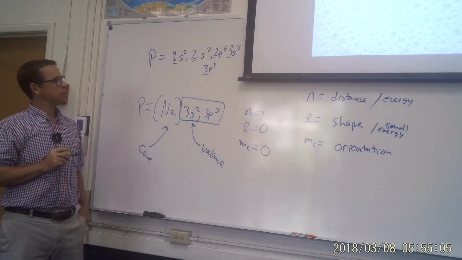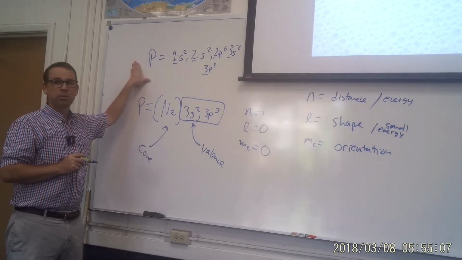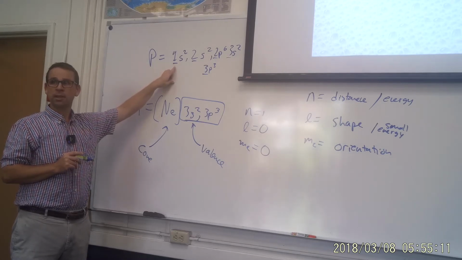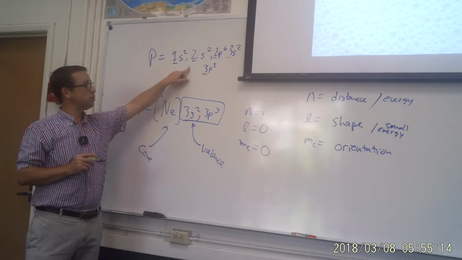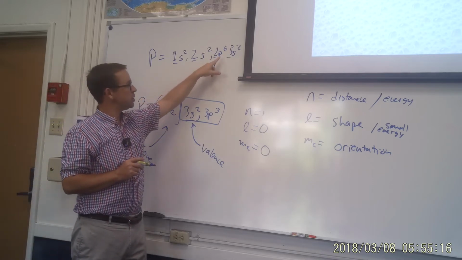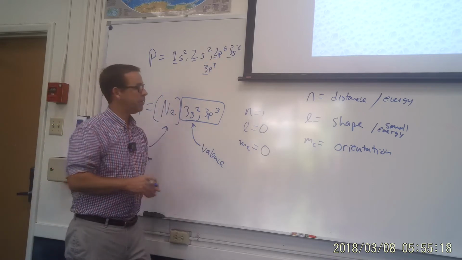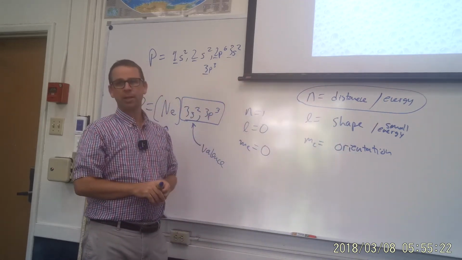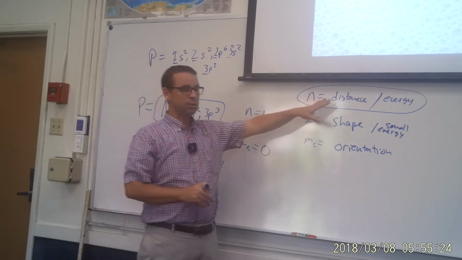In terms of when you write it up here, that number that you're writing, 1 in the 1s2, is the n value. So 2s2, n equals 2, 2p6, n equals 2. And that n value corresponds to the distance and energy of the electron. Distance from the nucleus and energy.